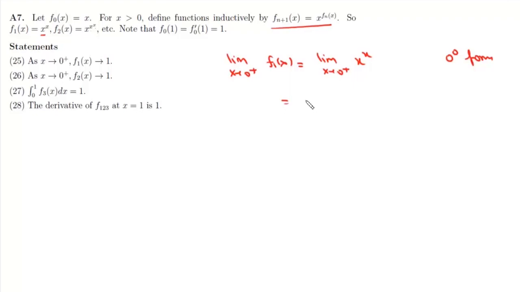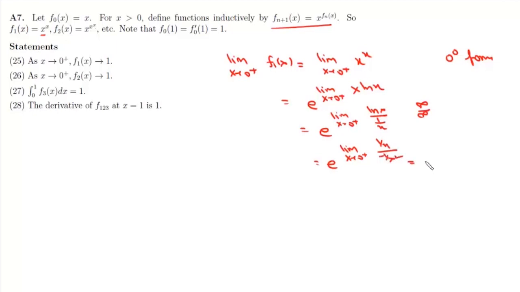Now we can write this as e to the power limit x tends to 0 positive x log x, or this is e to the power limit x tends to 0 positive log x upon 1 by x, which is infinity upon infinity form. Now using L'Hopital's rule, we'll have 1 by x and minus 1 upon x square, which is e to the power 0, and that is 1. That means statement 25 is correct.